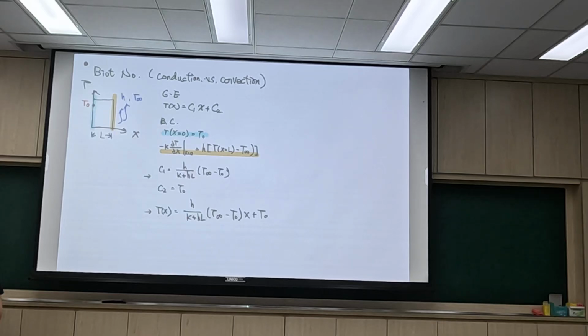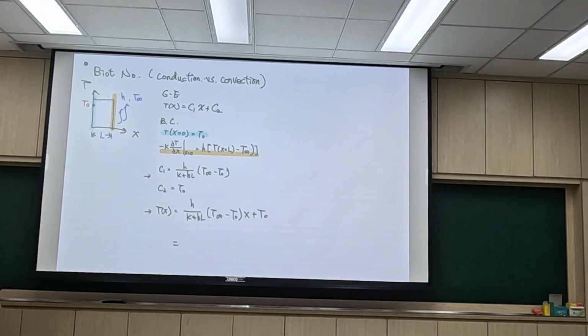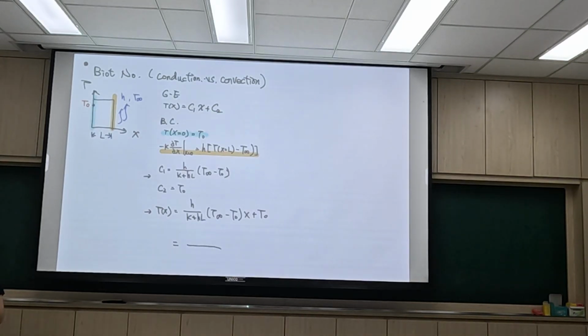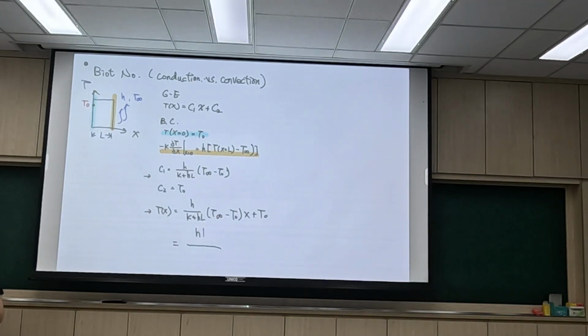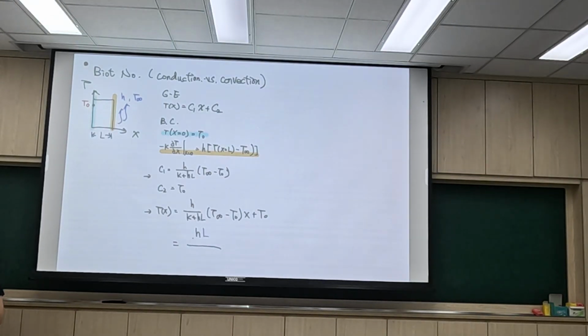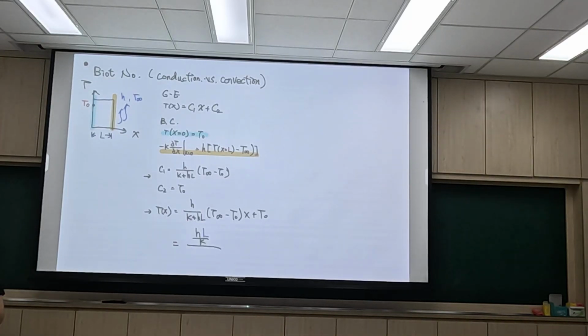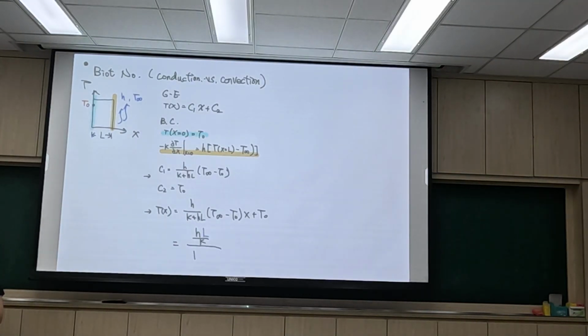So we divide by K and L. We want to get rid of the K in the front, so it would be easier; here it will become 1.